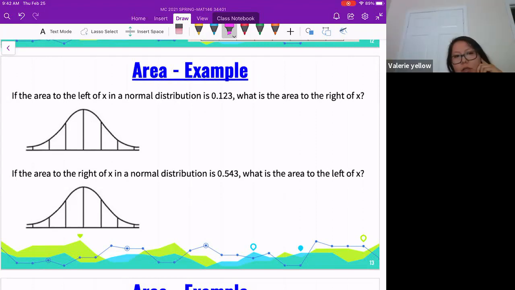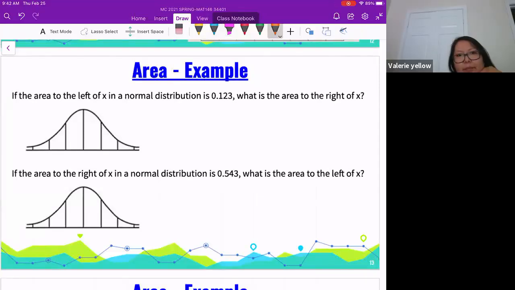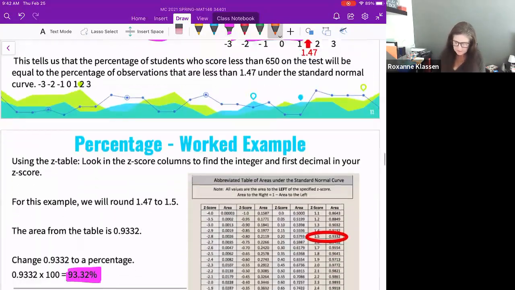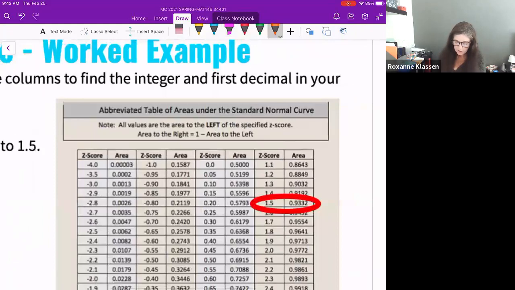Could it be 1? What do we do with the 1? Subtract? Yeah, so we go 1 minus 0.123. If you look at the top of your Z table, it tells you, note all values are the area to the left of the specified Z score.